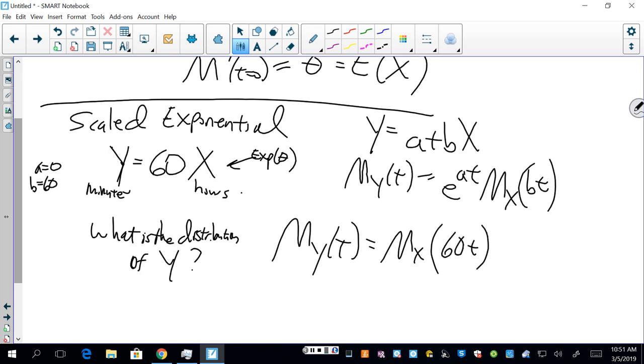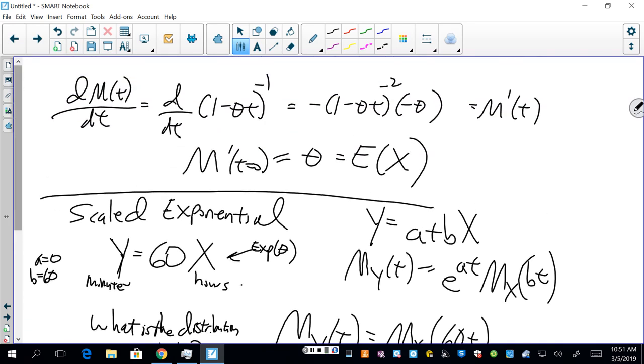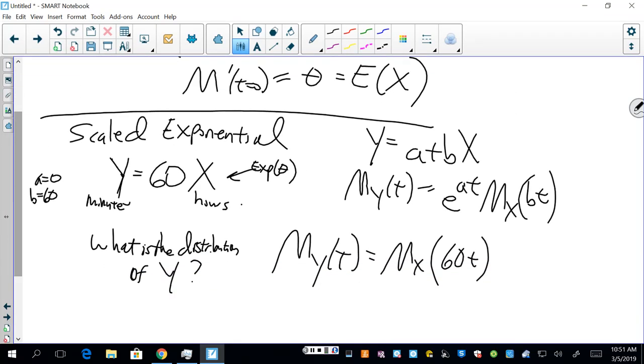The moment generating function of x was this 1 minus θt. So as a function of t, whatever t was, we plug it in there. And this time we're taking 60 times t. So we're going to plug 60 times t into that thing. And it ends up being 1 minus θ times 60 times t. That's how the moment generating function changes. So if you're plugging 60t into that, where you had t before, now you have 60t.